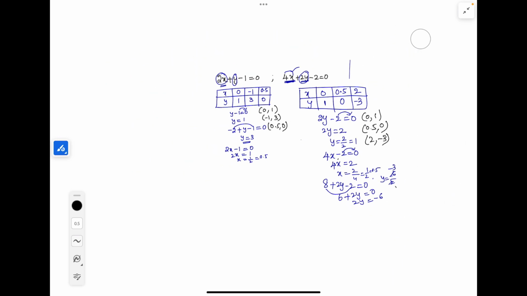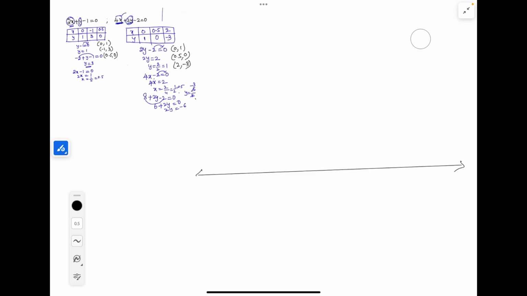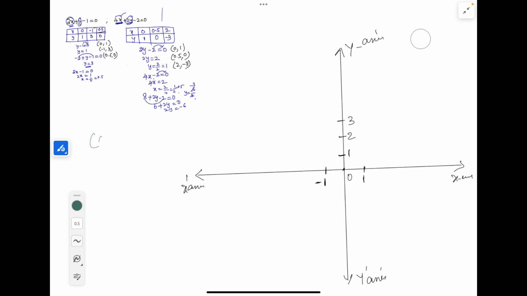So the points are 2 comma minus 3. Now let us draw the graph. This is x-axis, this is x dash negative x-axis, this is y-axis, and this is y dash negative y-axis. This is the origin. First one is 0, 1, x followed by y. X value 0, so it will lie on y-axis 1. Where is y-axis positive 1?